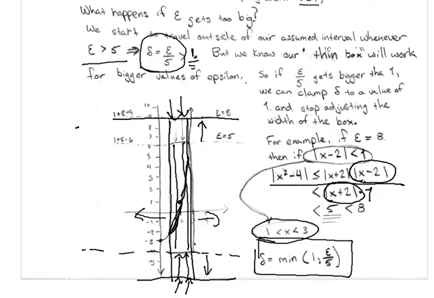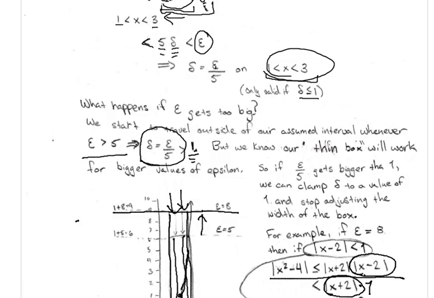Now if we had chosen something different, for example a different interval, instead of 1 on either side of 2, we'd chosen 2 on either side of 2. So let's say x between 0 and 4, on this arbitrary interval.